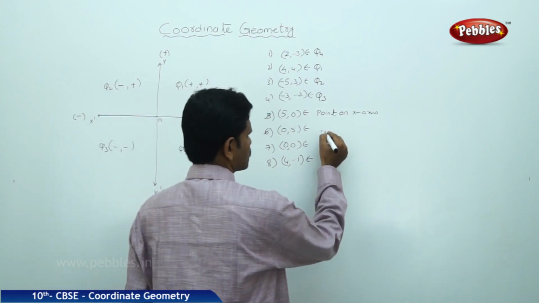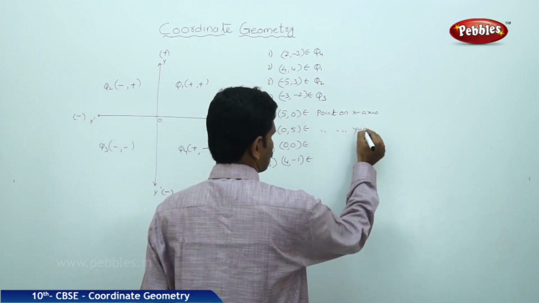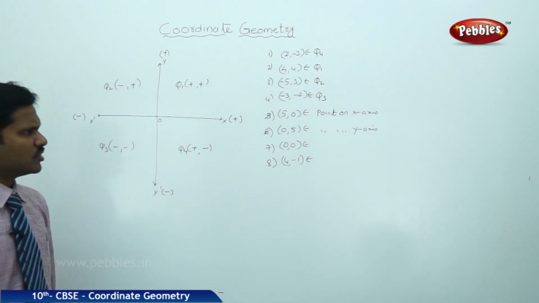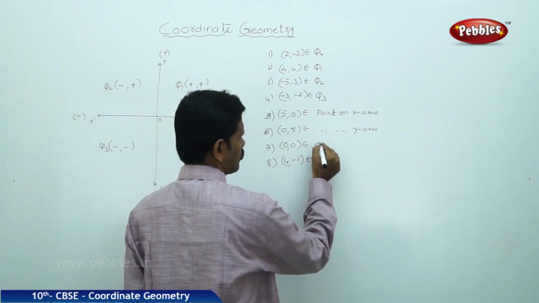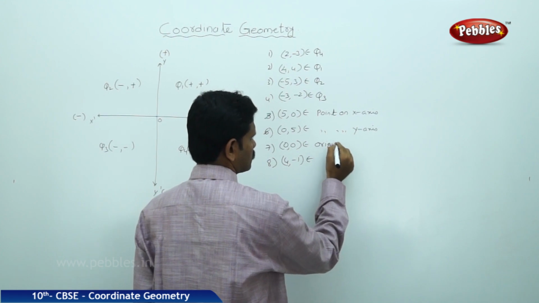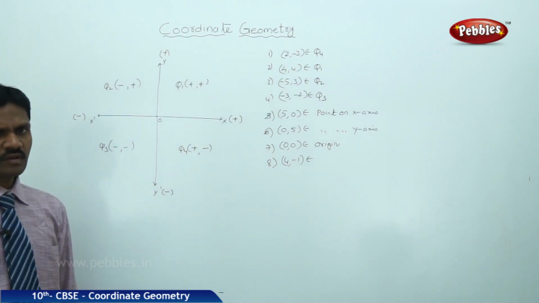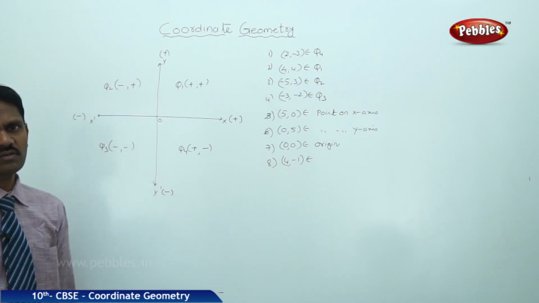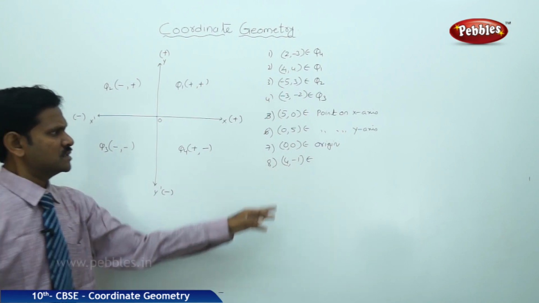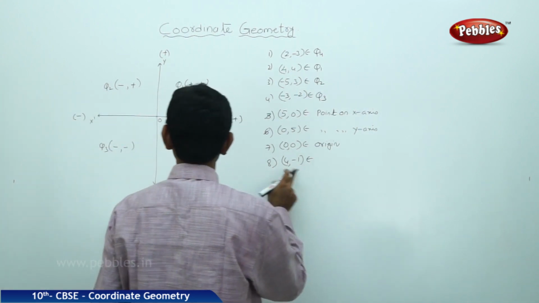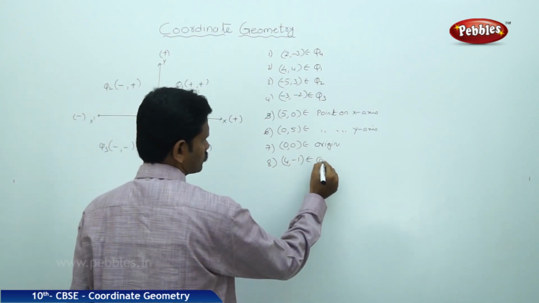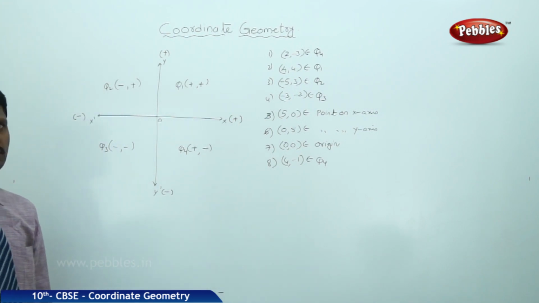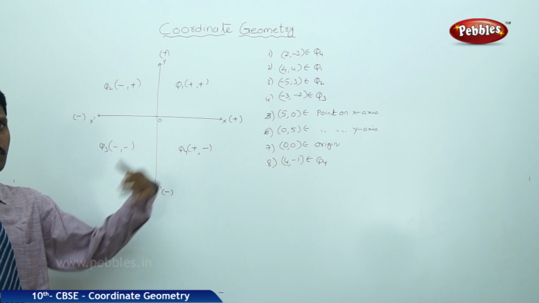Therefore, it is a point on the y-axis. 0 comma 0 belongs to the origin. 4 comma minus 1: 4 is positive and minus 1 is negative, that is plus minus, which belongs to Q4. And we can denote this in one more way.